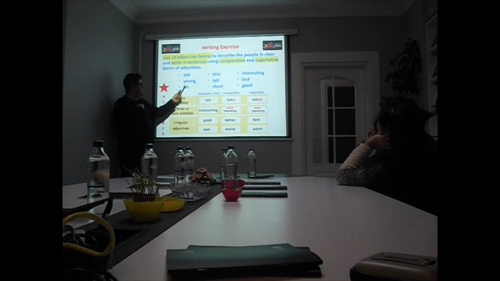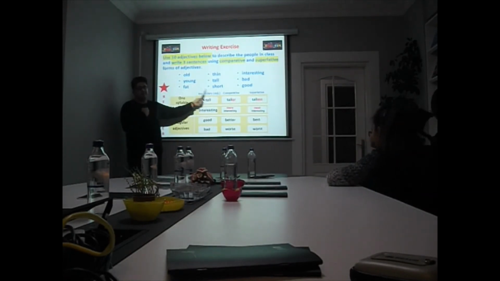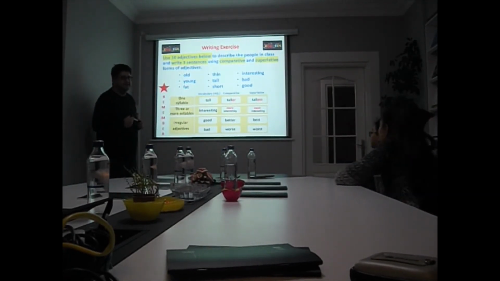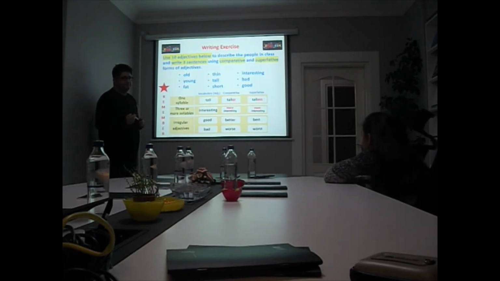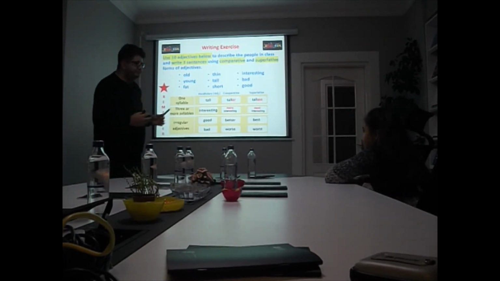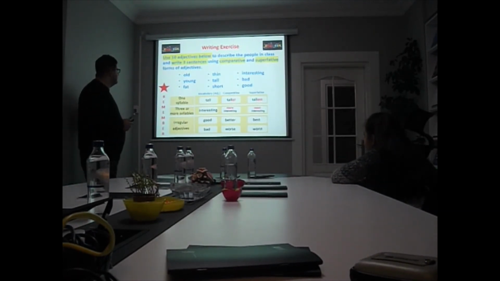I am the fattest person in this class. Can you give another example using one of these nine adjectives in class? Yes, go ahead, shoot. I am the youngest person in the class. Okay.